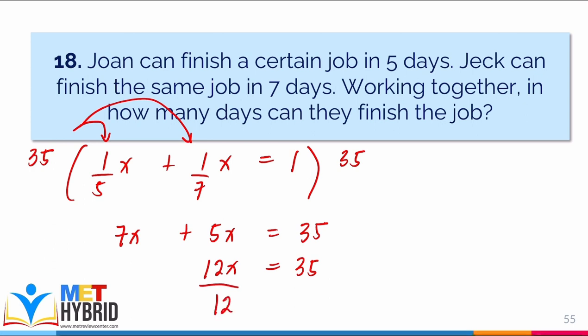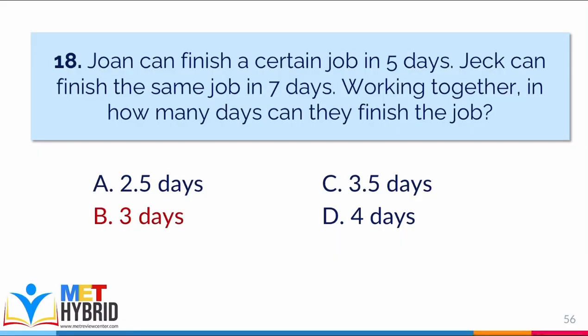Divide both sides by 12. 35 divided by 12 is 2.917, or approximately 3. Therefore, our answer is letter B, 3 days.